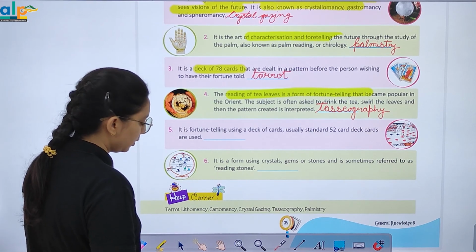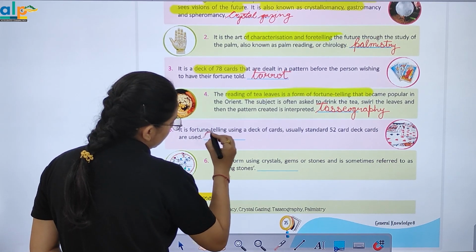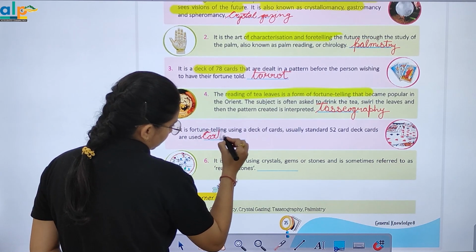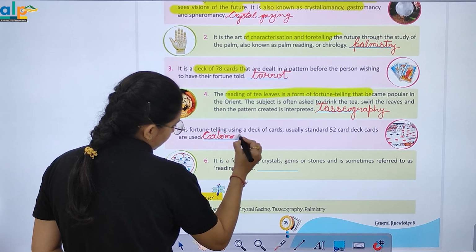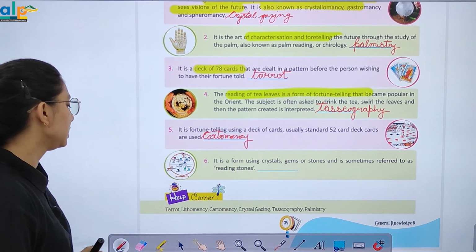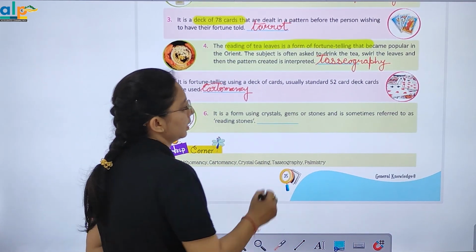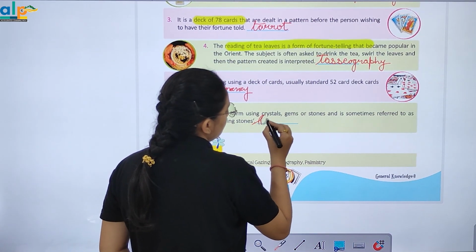What we call it? Cartomancy. Now, it is a form of divination using crystals, gems or stones. That is lithomancy. What we call it?